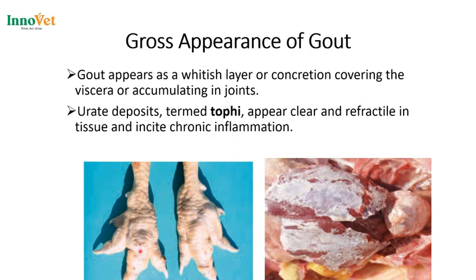In this left picture, we can appreciate articular gout. We have nodules that have a firm consistency within the phalangeal joints of this avian species. And then on the right side, we have a white layer of urate deposits, or tophi, covering the organs of the viscera, the liver and the heart. This is what we call visceral gout.